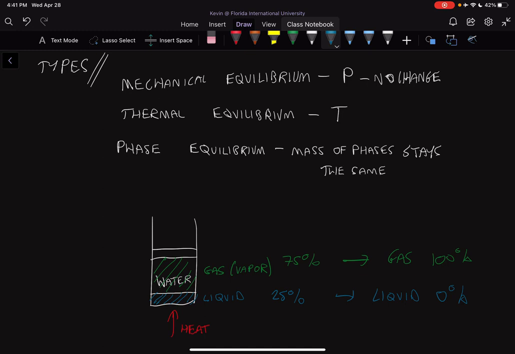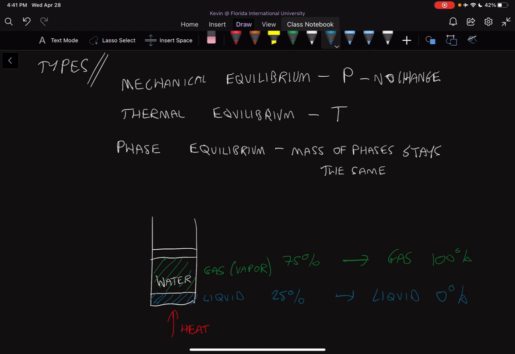Okay? Now, in our class, we're going to be looking at states of different equilibrium that change very slowly. So essentially, we're not going to be looking at transient changes in temperature, which means we're not going to be looking at very quick changes in temperature. We're going to be looking at very small changes that happen over time, and once those changes stop in time, they create this new equilibrium.